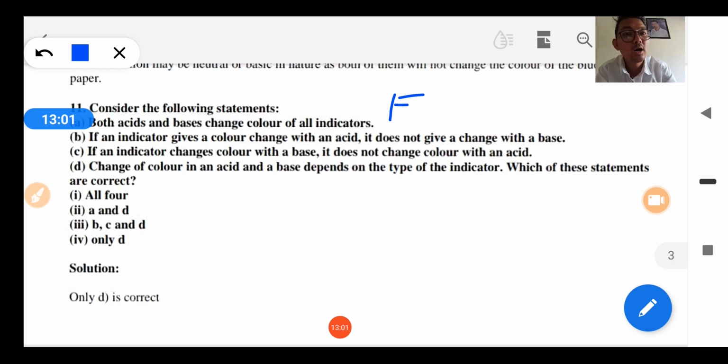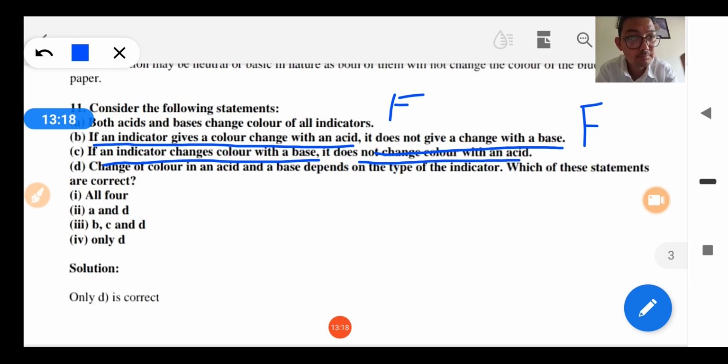Okay, now second question is, if an indicator gives color change with acid, it does not give color change with base. This is again false. Okay, and if indicator changes color with base, it does not show change in color with an acid. This is again false, because I can give you example of one indicator.